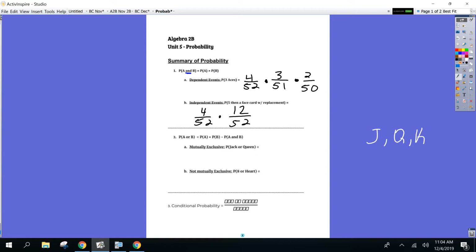So if you do not replace it, they are dependent. If you do replace it, independent. Because for the last 3 or 4 questions on tomorrow's quiz, I'm just going to give you a scenario. I do not want the probability. All I want to know is if they're independent or dependent. You just write either word, independent or dependent. And if you get them flip-flopped, you're not going to get anything right.